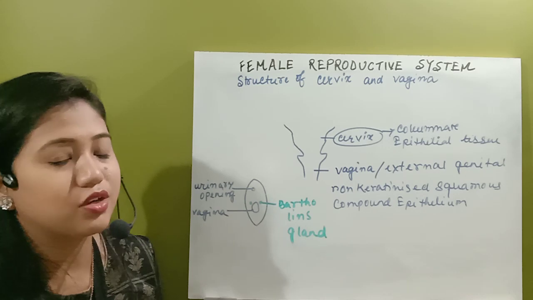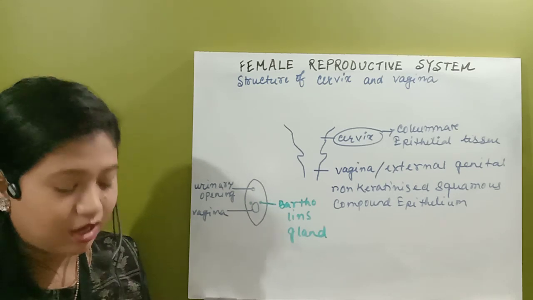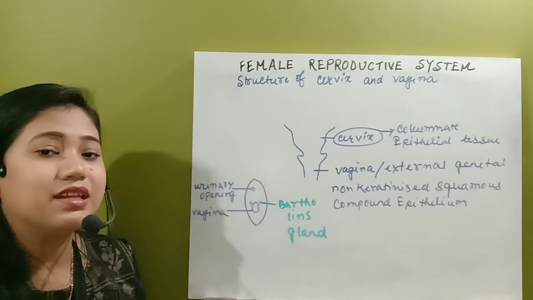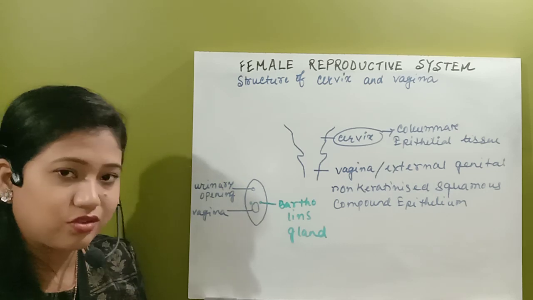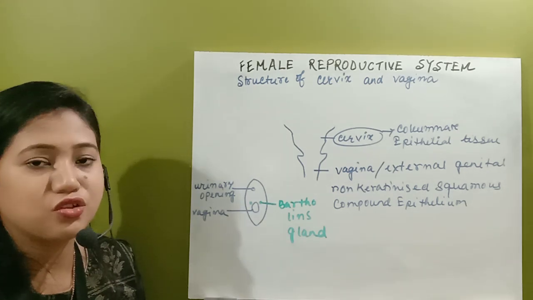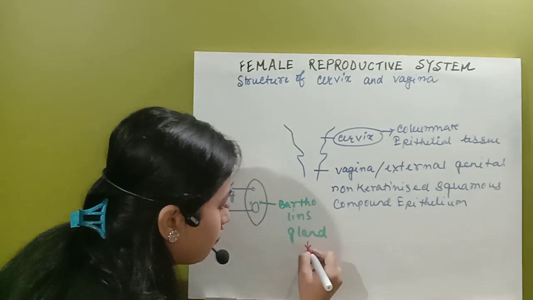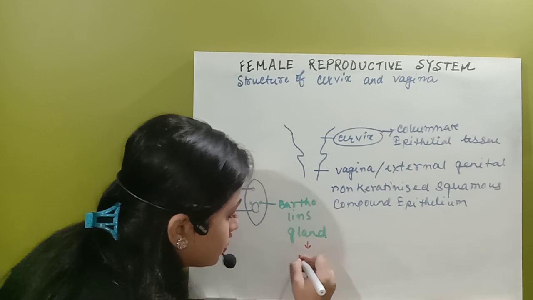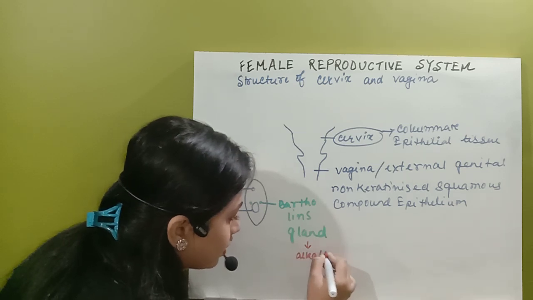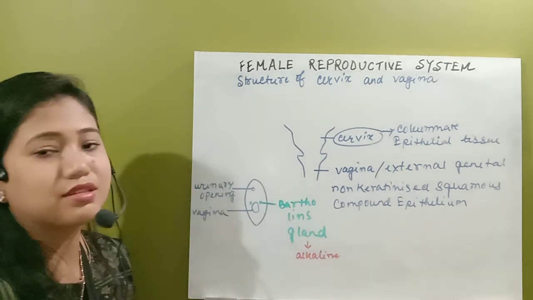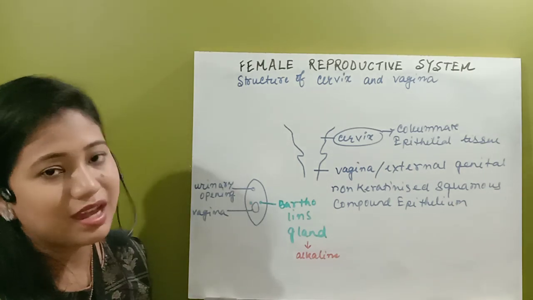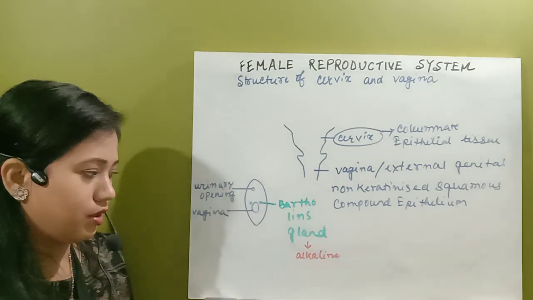Why? Because it secretes an alkaline secretion, which is for neutralization of the acidity of the urine. So this Bartholin's gland will release a secretion that is alkaline in nature, and this alkaline secretion will neutralize the acidity of the urine.